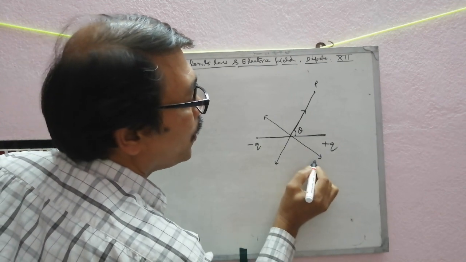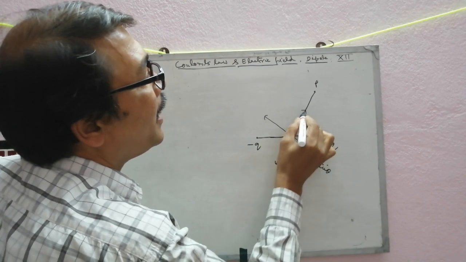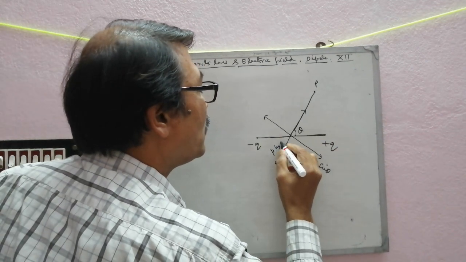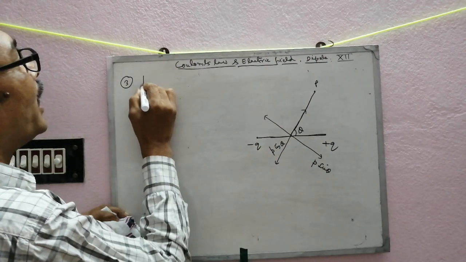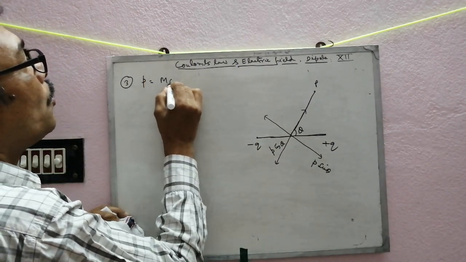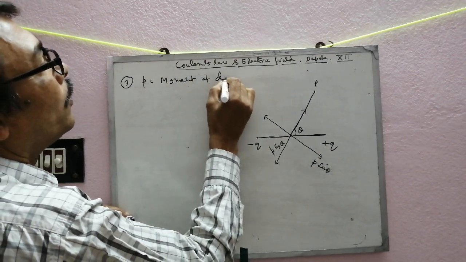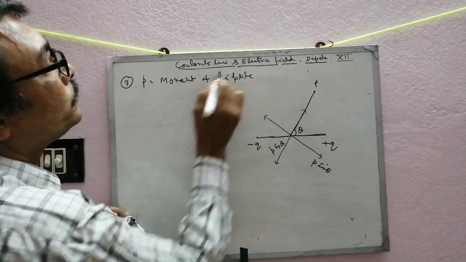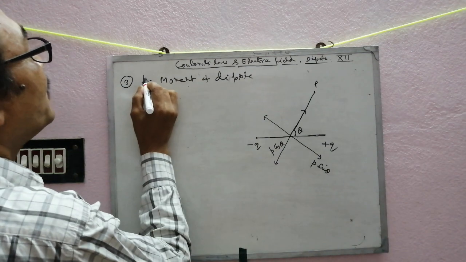This is P sin theta, and this is P cos theta. P is the moment of the dipole. As in the previous two cases, I take P as the moment of the dipole.